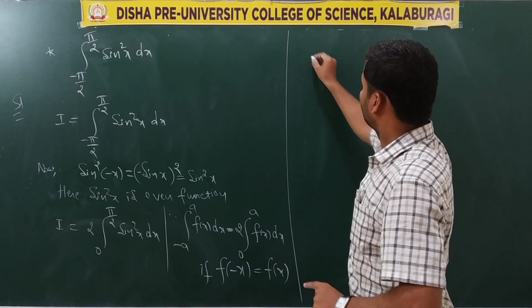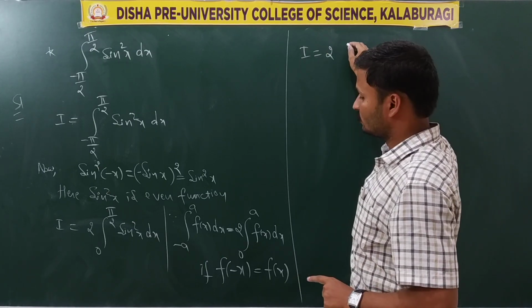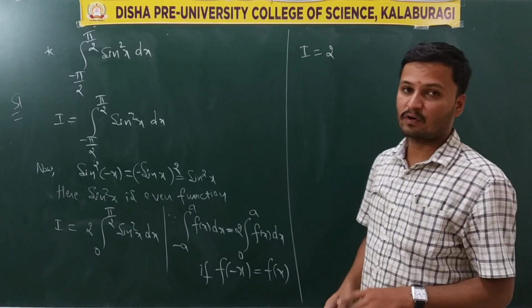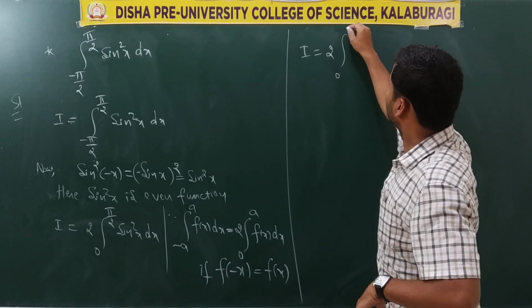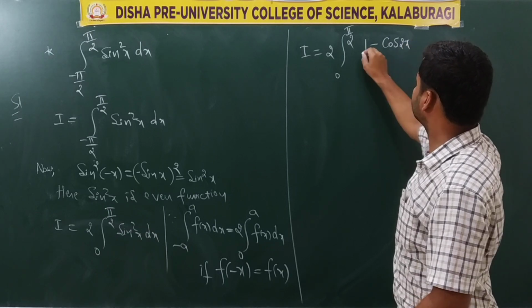Okay, now I is equals to 2 times the integral from 0 to pi by 2 of sin square x into dx. You know sin square x in terms of the cos function: sin square x can be written as 1 minus cos 2x divided by 2.